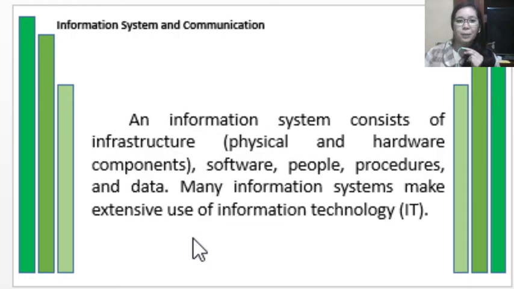An information system consists of infrastructure, that is physical and hardware components, as we all know, as well as software, people, procedures, and data. Many information systems make extensive use of IT. We have tackled this before.